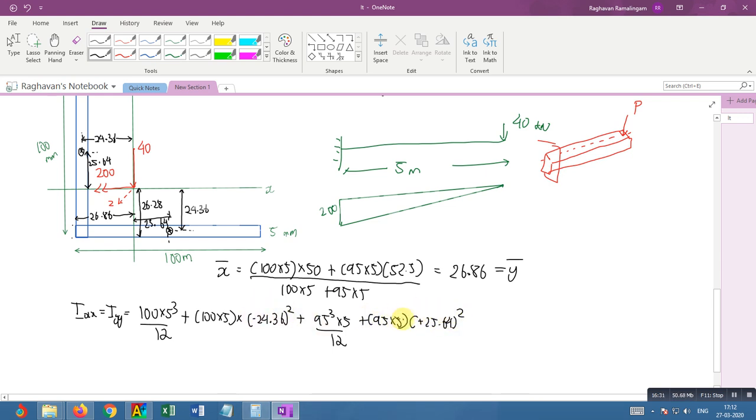This minus and plus come depending on whether it's below or above, positive x or positive y or negative y direction. So this is 967.225 mm power 4.